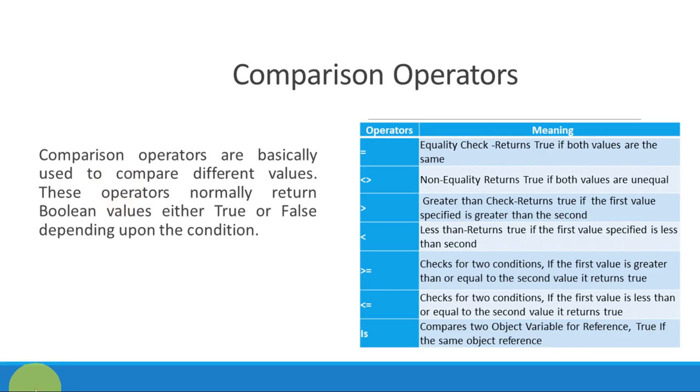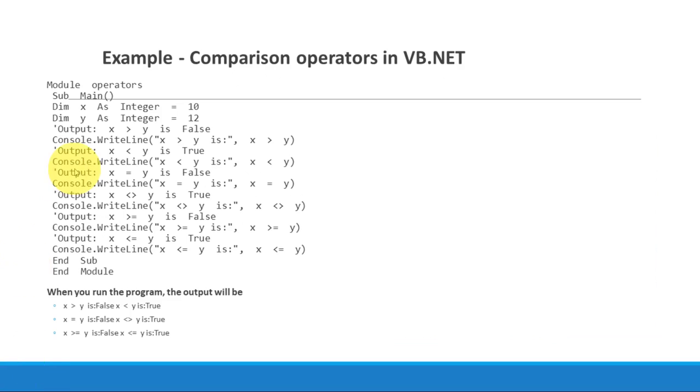So let's have a look at the example. Again we are taking two variables, x as 10 and y as 12. Now, let's print the values. First, x is greater than y. We are comparing one expression with the other. x is 10 and y is 12. No, 10 is not greater than y. So the output will be false.